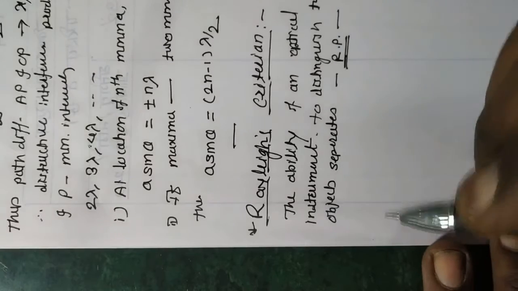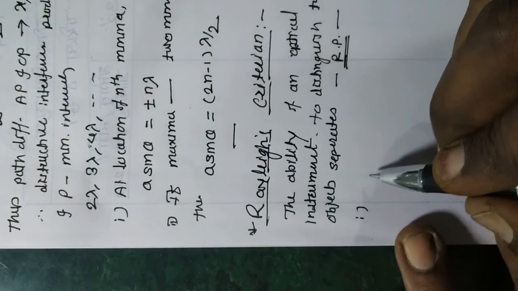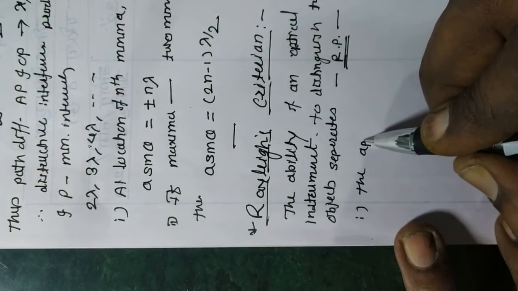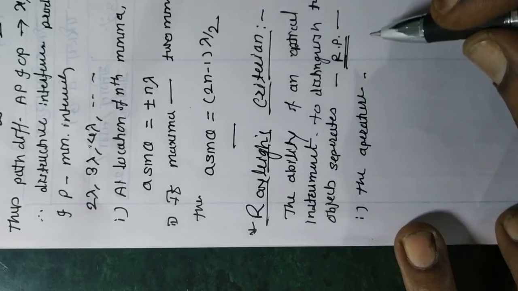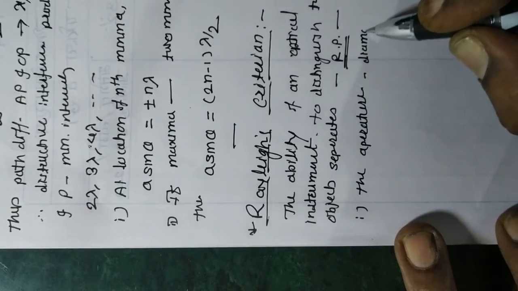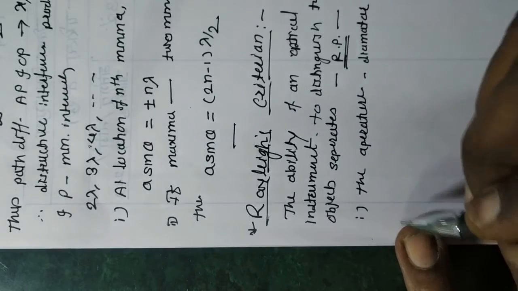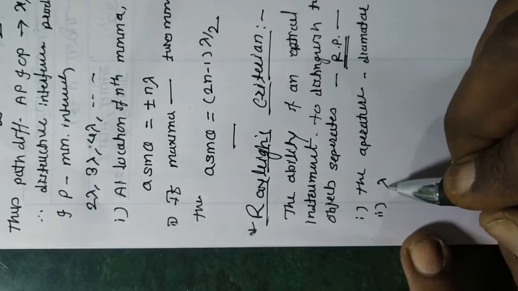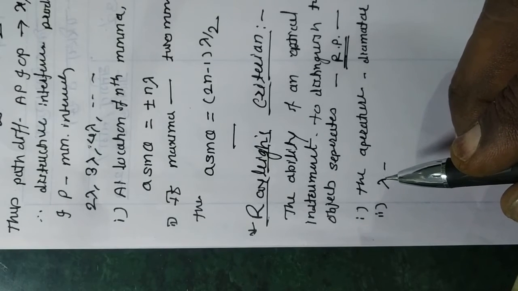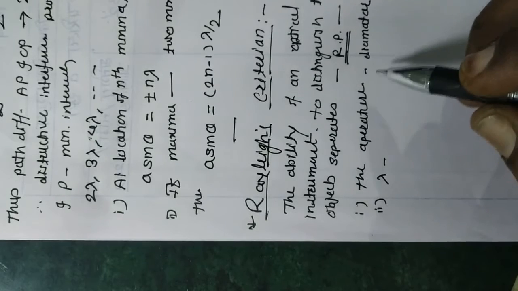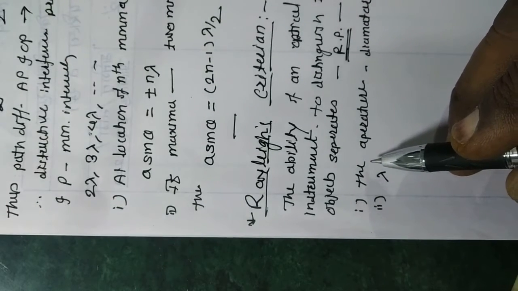This resolving power depends on the aperture, that is, the diameter of the lens, and one more, the wavelength of the wave. Resolving power depends upon the diameter of the lens, that is aperture, and the wavelength of light used.